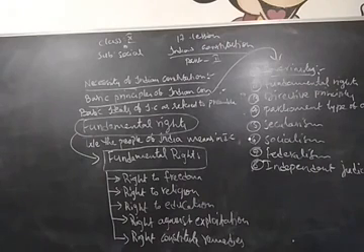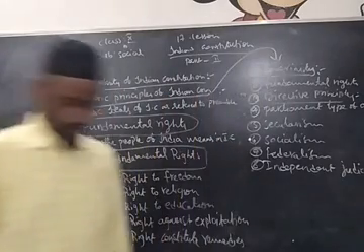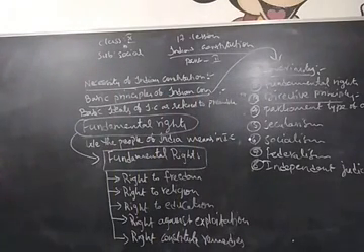Directive principles. These are the guidelines to frame laws. They are not enforced by the courts. So directive principles are basic laws which are not enforced by the court. Yes, parliamentary type of government.